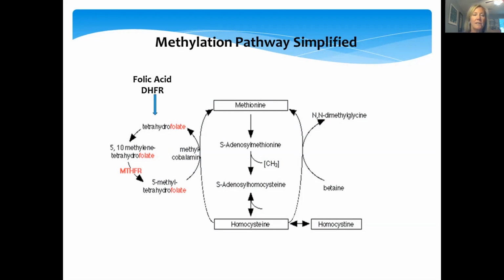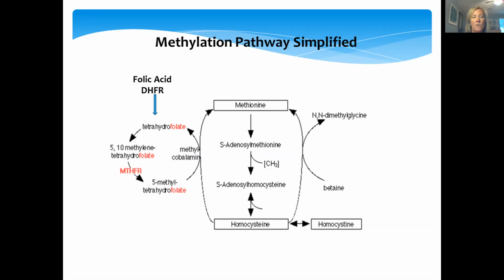It has to be converted into tetrahydrofolate, which then becomes 5,10-methylene tetrahydrofolate. Then the gene that we're going to talk about, the MTHFR gene, comes into play here because it converts it into 5-methyl tetrahydrofolate, which is the part of the folate that's actually active.